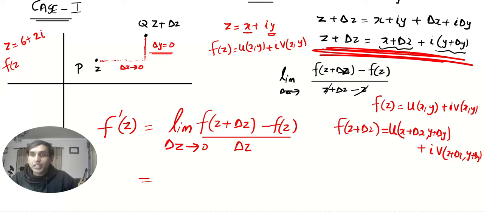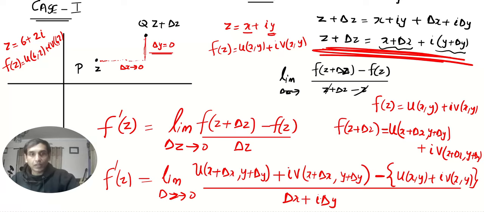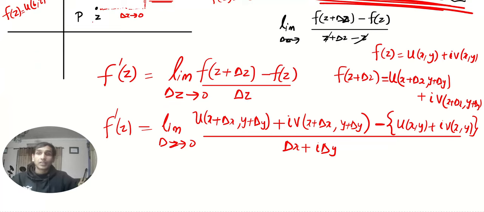Then the function value will be u(6, 2) + i v(6, 2). Now I am going to plug in this value, that is, the limit as Δz tends to 0.